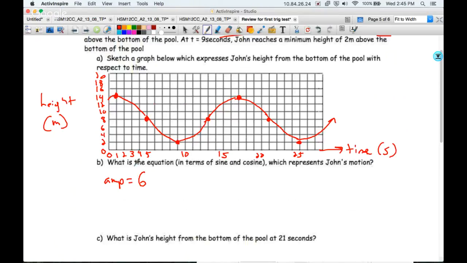Each box is worth 2, so that's 6. Okay, our vertical shift, K. Well, we already put a point at our midpoint. It's 8 up, so K has to be 8. B is equal to, well, I'll say it this way: period equals 2 pi over B.